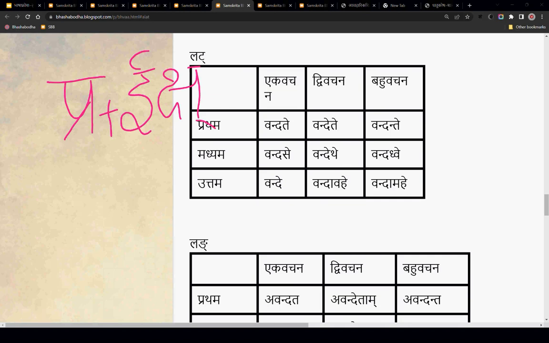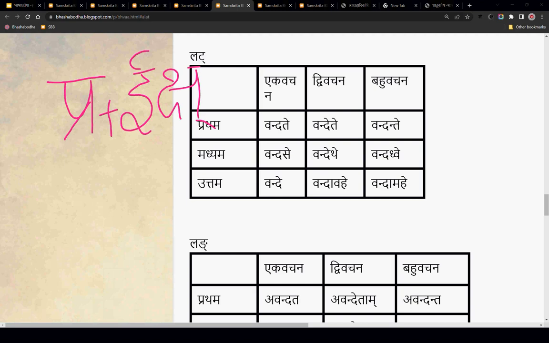Vish is the dhatu, we are adding upa, or you can add pravishati, pravishatah, pravishanti. We all know pravesha means entry, which comes from the vish dhatu by adding the upasarga pra. In Lat lakara the kriyapada forms are pravishati, pravishatah, pravishanti.